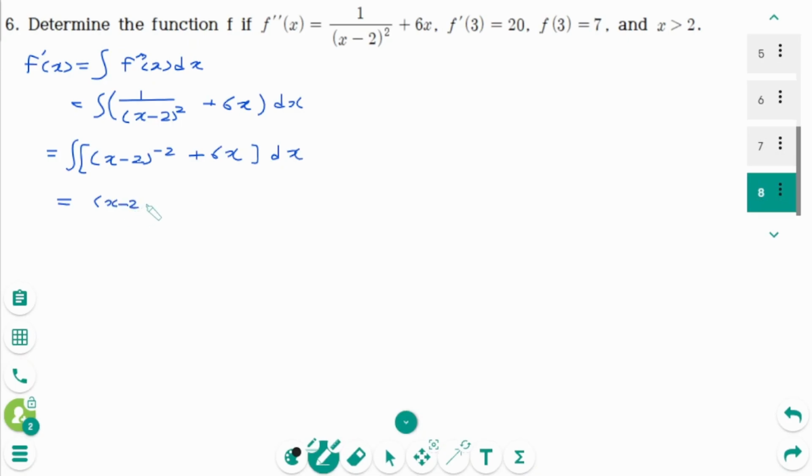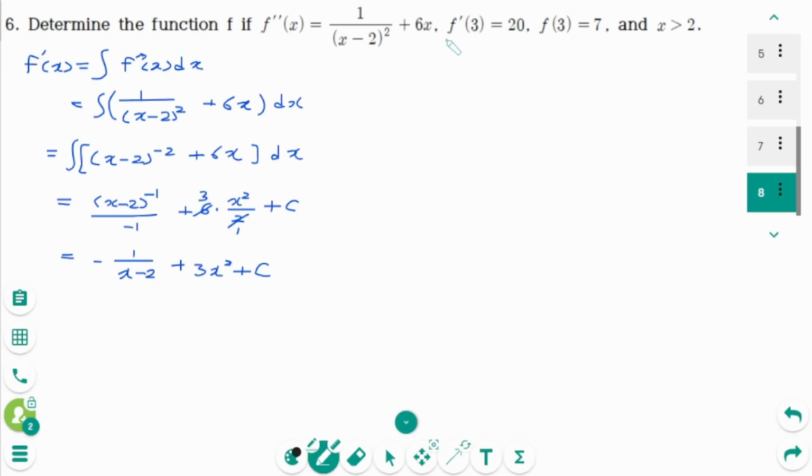X minus 2 to the power of minus 1 over minus 1 plus 6 times x squared over 2 plus c, then minus 1 over x minus 2 plus 2 times 1, 2 times 3, 3x squared plus c.